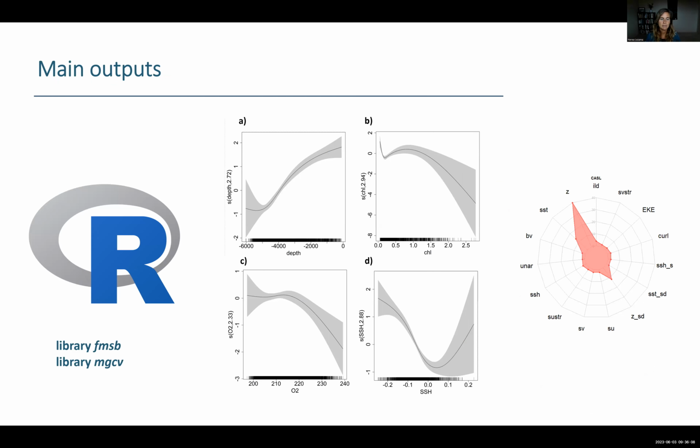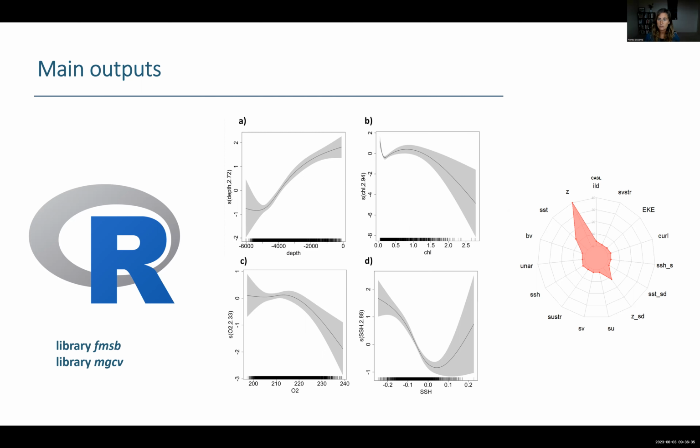When you build SDMs using these libraries, you can also get these partial plots that are going to give you an idea of the relationship between each environmental variable and the probability of occurrence of the species. So for example, for this mobula, we can see that we have a high probability of finding this species in areas with low concentration of chlorophyll, for example, in example B. In the right panel, we can see what we call radar plots.